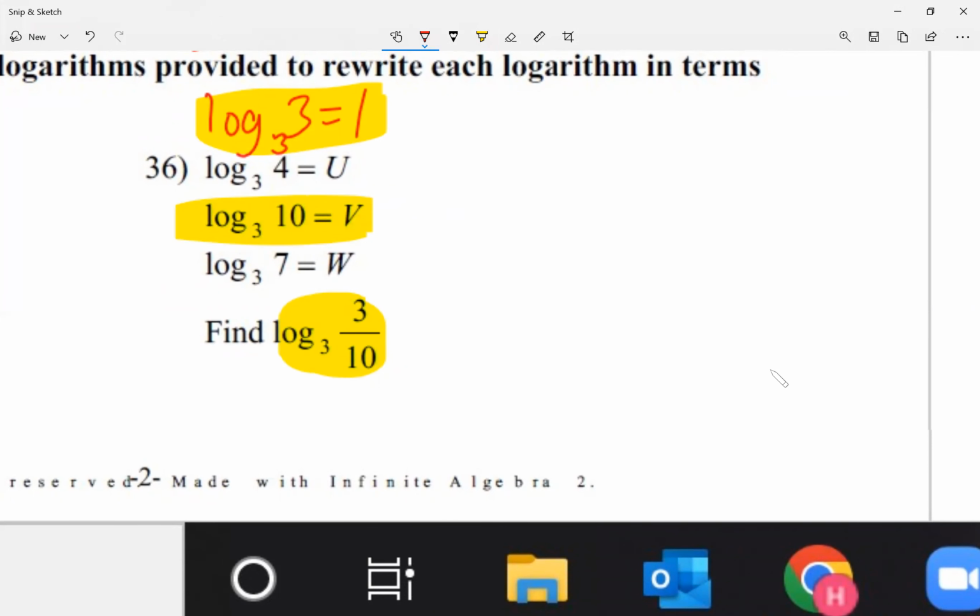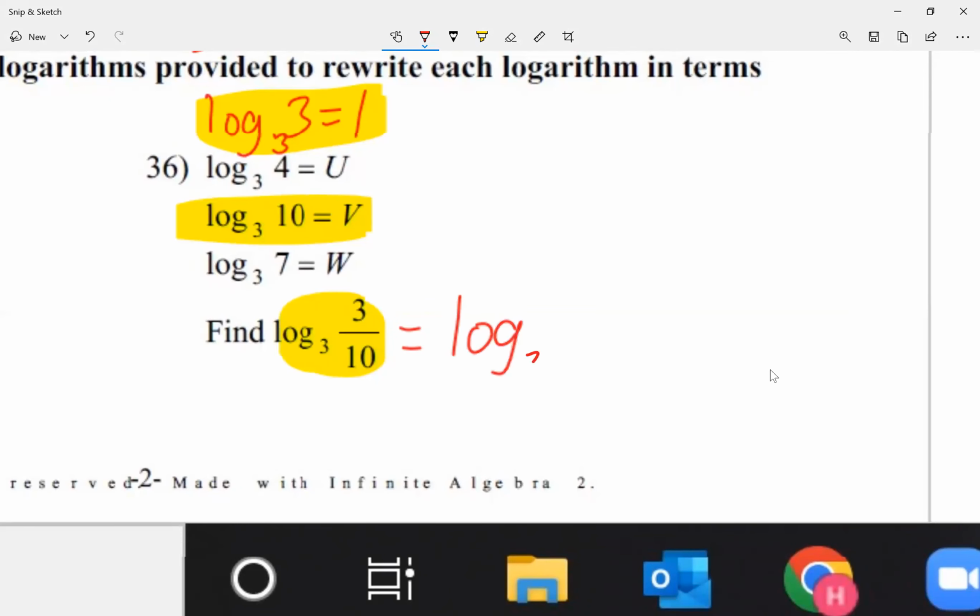So I'm going to use this log and this log. So let me rewrite this. So I'm going to say this is equal to log base 3 of 3 minus log base 3 of 10. Remember, a division in a log can be separated as a subtraction of 2 logs.